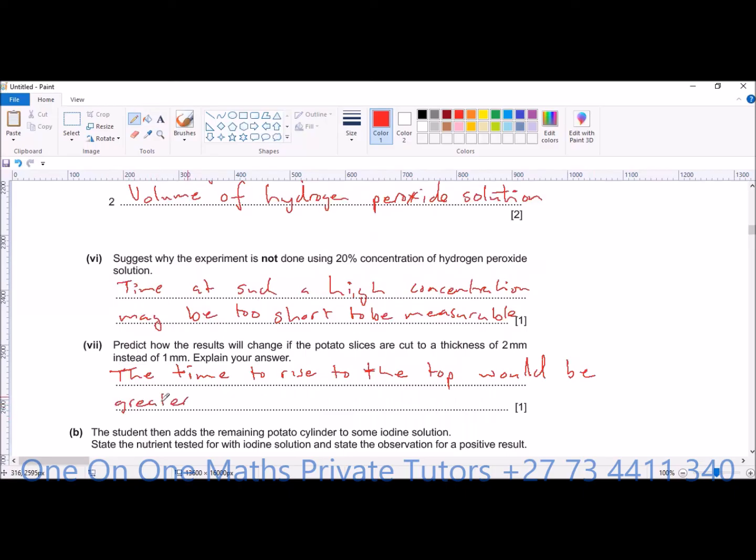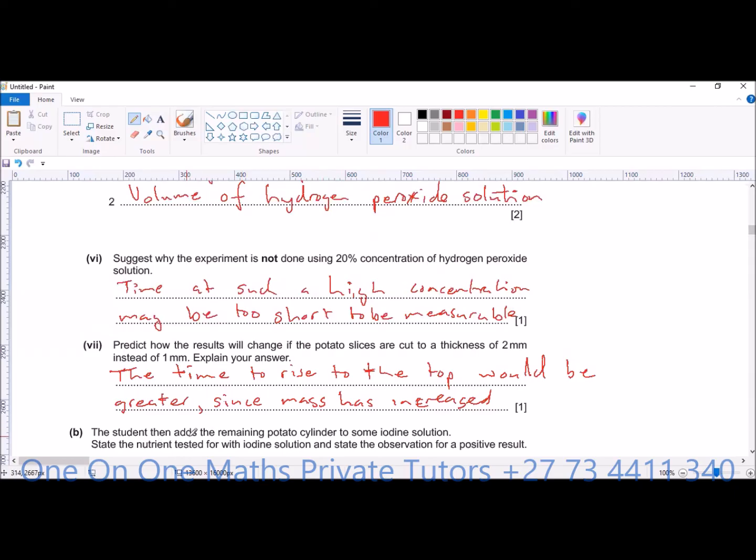Why? Since mass has increased. Since mass has increased, if we are cutting 2 millimeters, we're putting double the mass. All right. We are doubling the mass. So for it to rise to the top, it will take some time because it's a larger mass. All right.